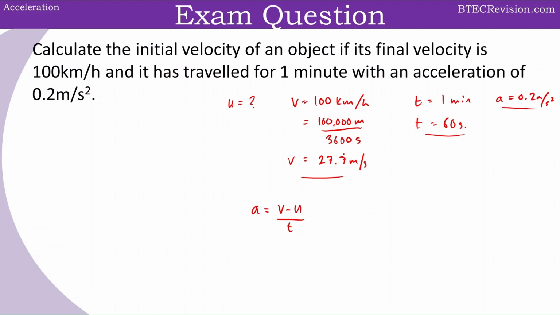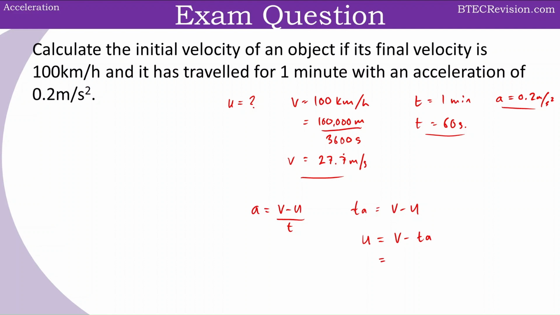So multiply both sides by t, which would give us t times a is equal to v take away u. Now we want to make u the subject, so we will add u to both sides, and we'll take away ta on both sides. So that will give us u is equal to v take away t times a.